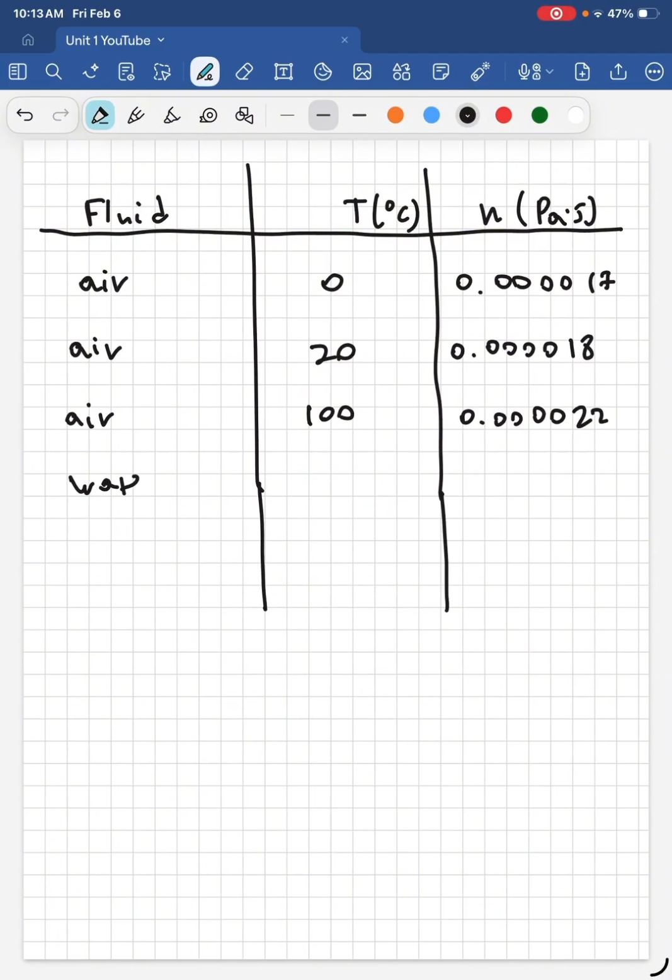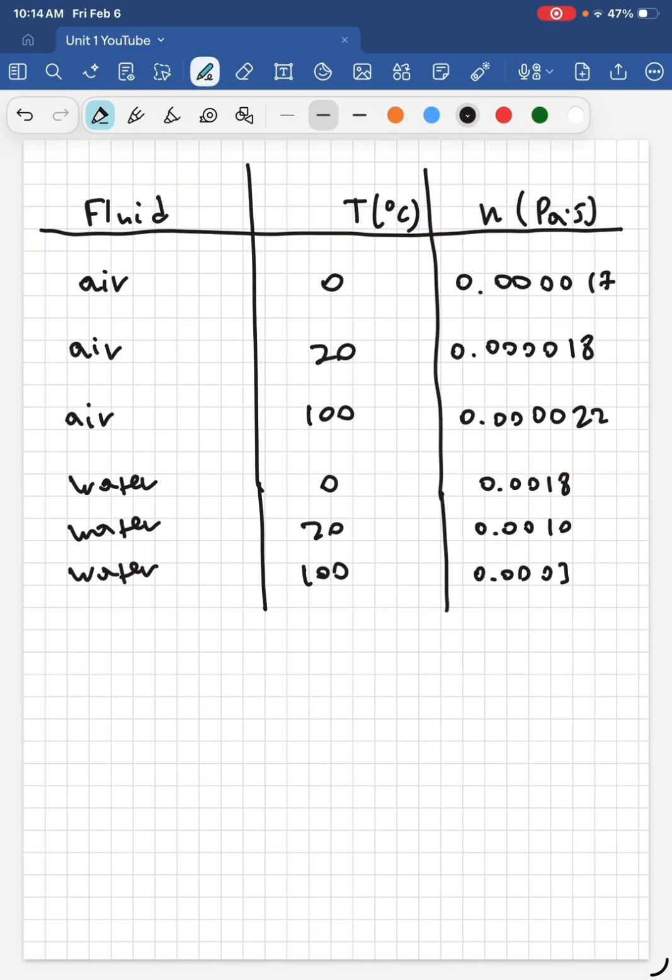But for water, we have again 0, 20, and 100 degrees. So 0.0018 at 0 degrees, 0.0010, so it reduces, and then it reduces further at 100 degrees.